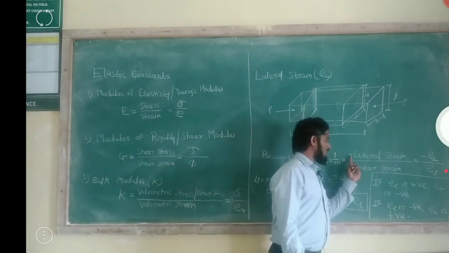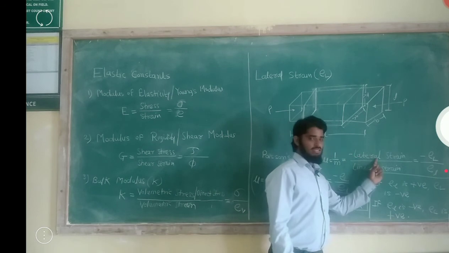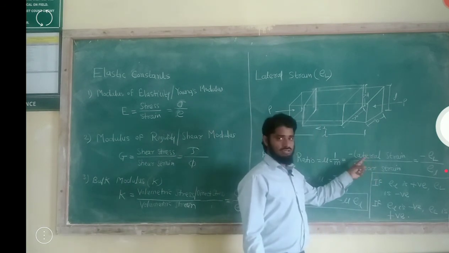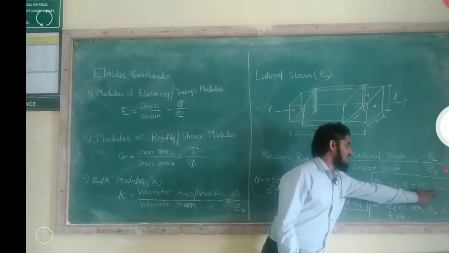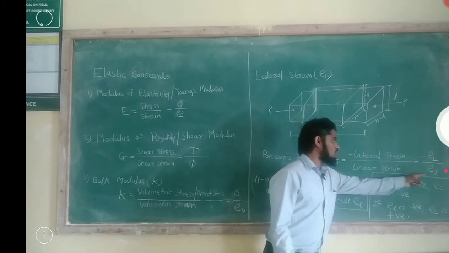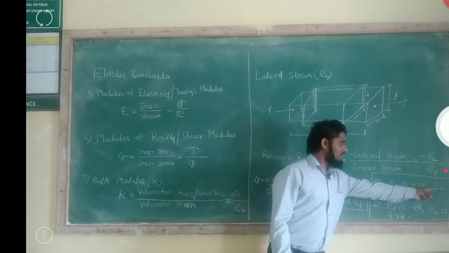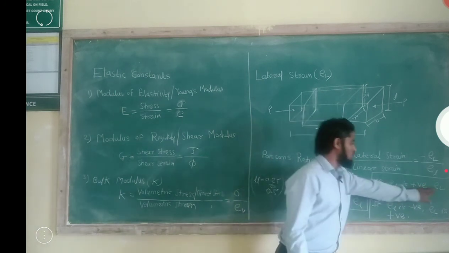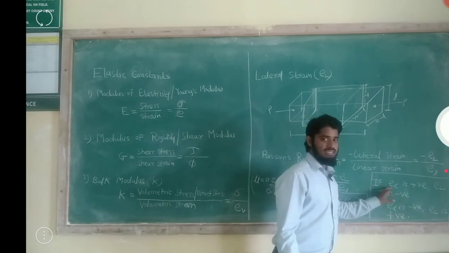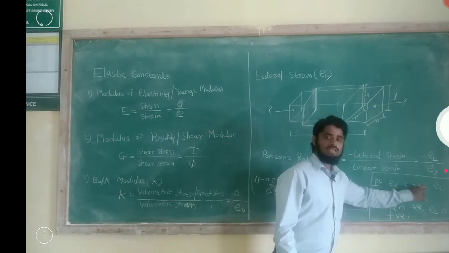and here you can see a minus sign. Why is it minus? Because it is vice versa. If small e_l, the linear strain, is positive, then capital E_L, the lateral strain, will be negative. That is, if linear strain is positive, lateral strain is negative.